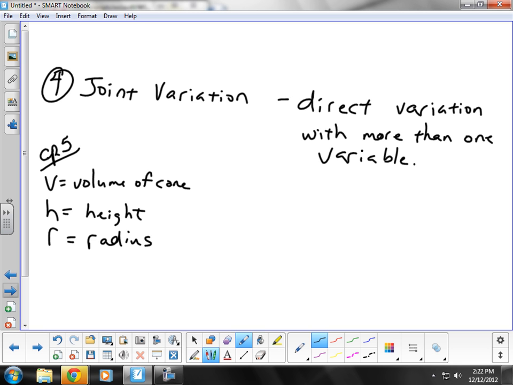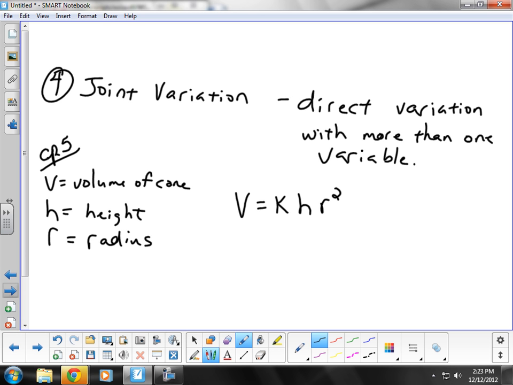Okay? Now let's go back to the sentence again and let's write down what the equation is from that sentence. It says the volume varies jointly. So V is equal to K times, remember jointly only means direct variation, its height, H, and the square of its radius, so R squared. So there's my formula. Then it gives me some given information.